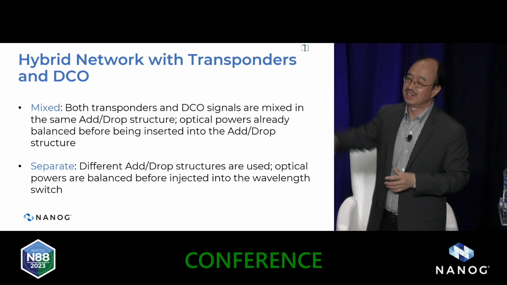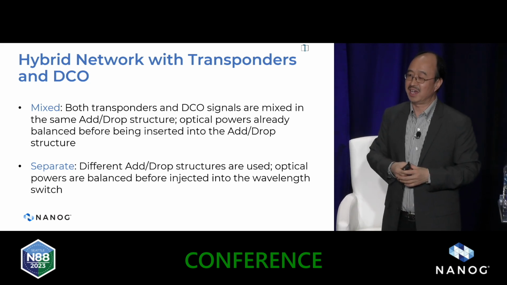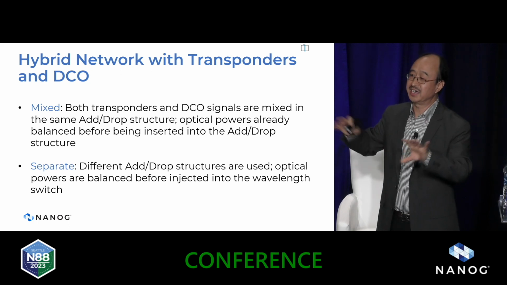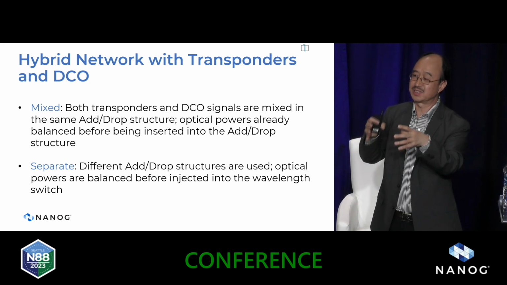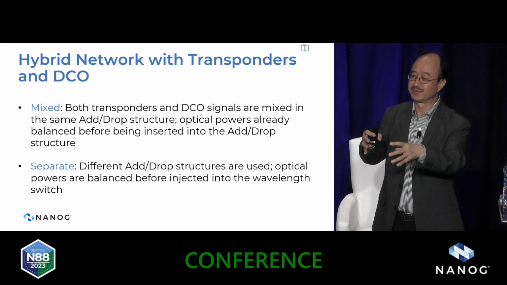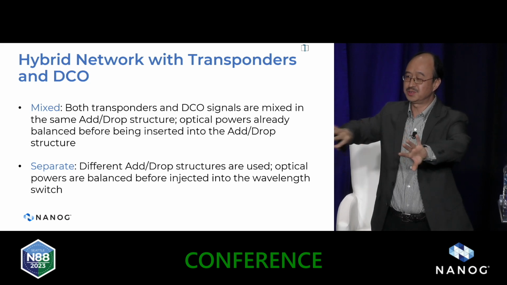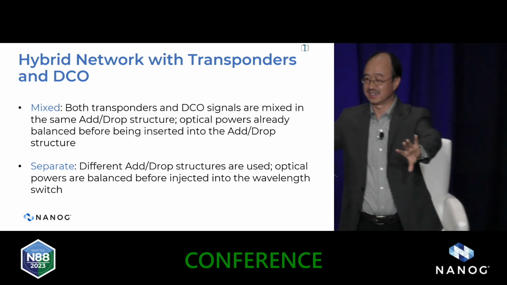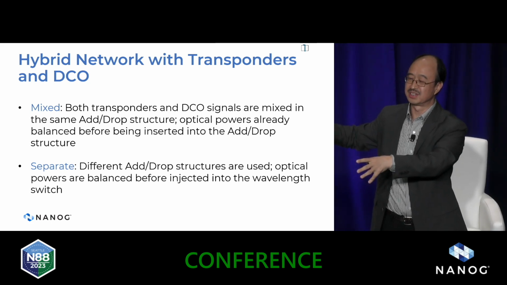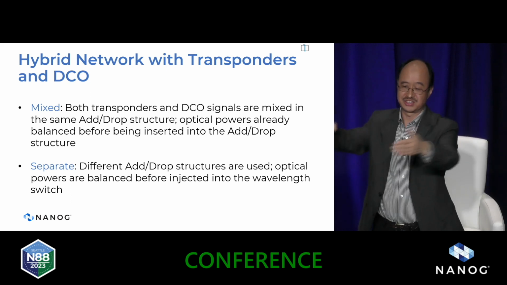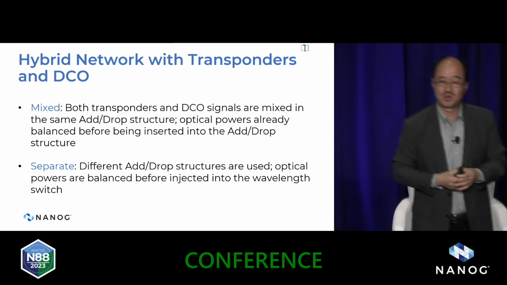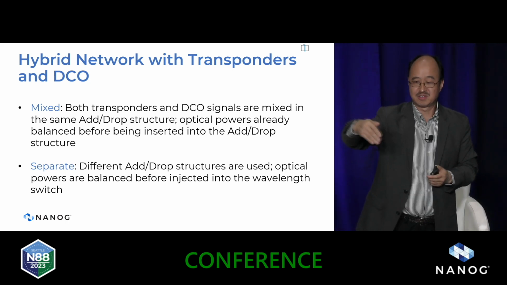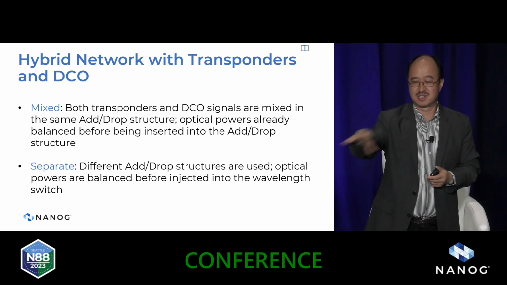Or you may do the separate way of insertion. By separate, that means that you cannot directly integrate together into the same add-drop infrastructure. What you have to do is have two separate add-drop infrastructures, one for the transponder networks, one for the DCOs. And before they are inserted into what we call the WSS, wavelength selective switch, you have to balance the power, make sure the powers are balanced.